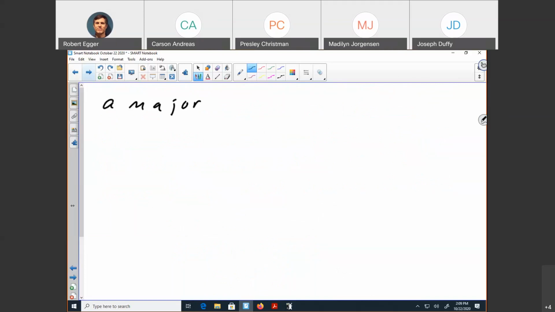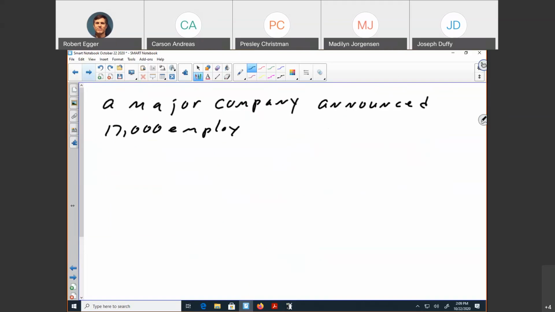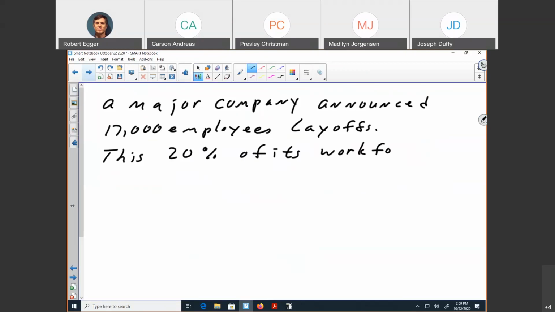A major car company announced it's going to lay off 17,000 employees. Layoffs, saying this is 20% of its workforce. Find the size of the workforce prior to the layoff.